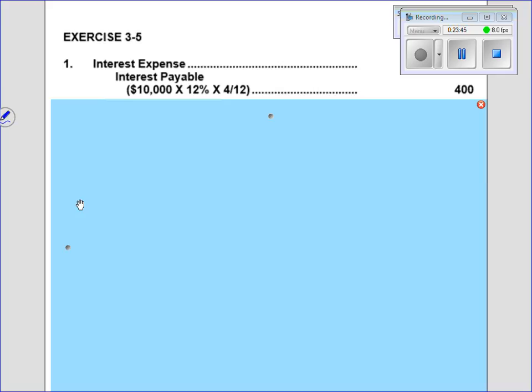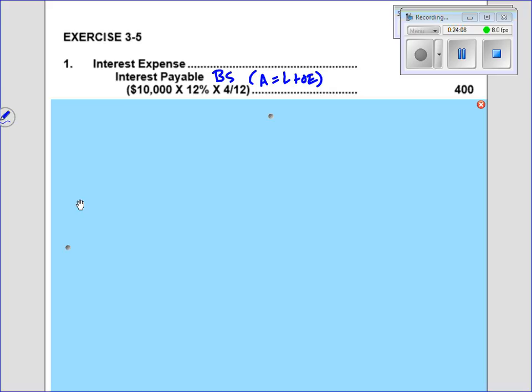Which one is our balance sheet account? Is it interest expense or interest payable? Which one belongs on the balance sheet? Because that's part of ALLO. A payable is a liability.